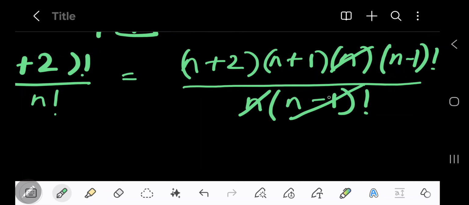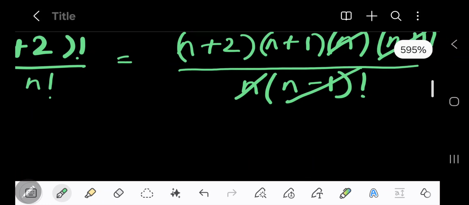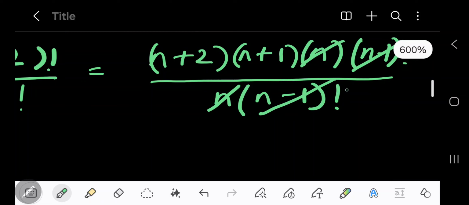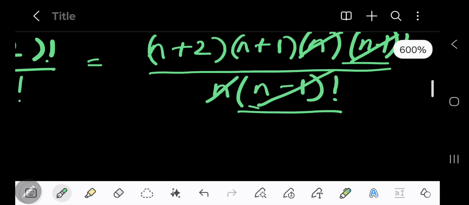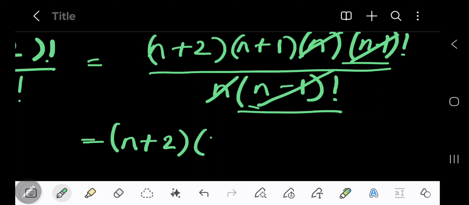So the n minus 1 factorials cancel. Remember, you can't cancel a factorial sign directly. The terms with the factorial also have to be the same. So the final answer for this is just n plus 2 times n plus 1.